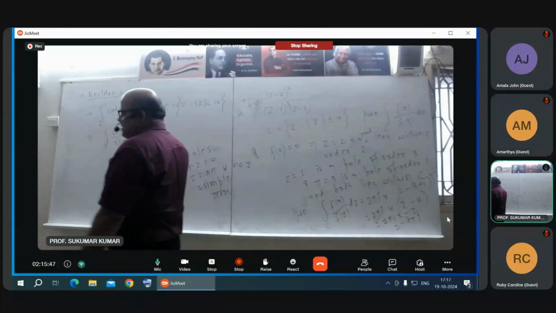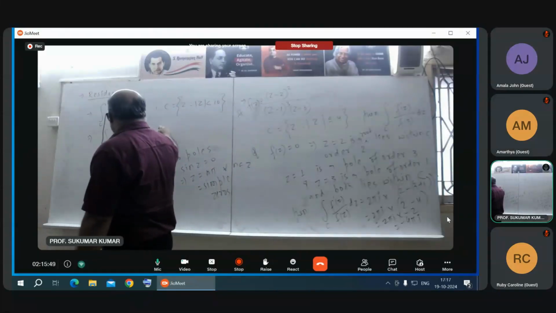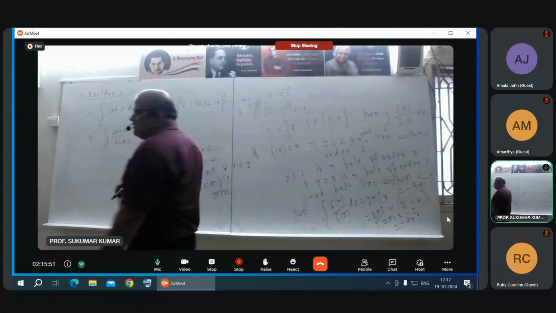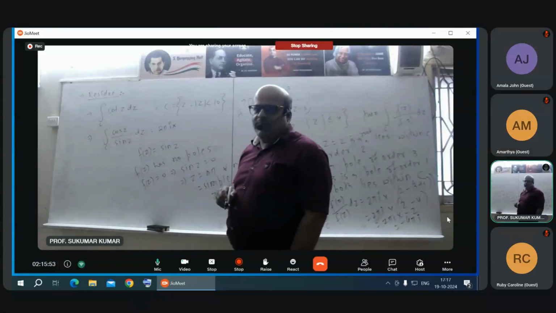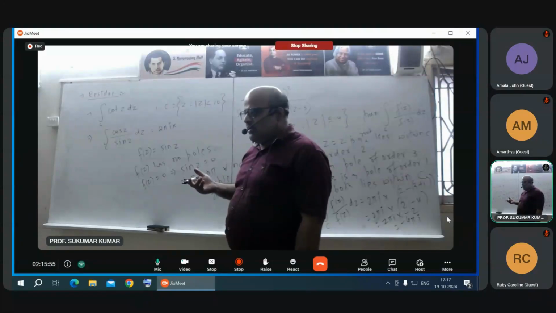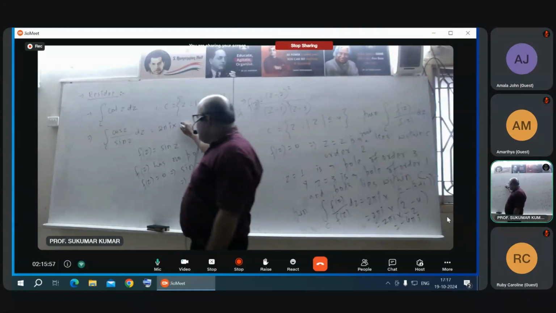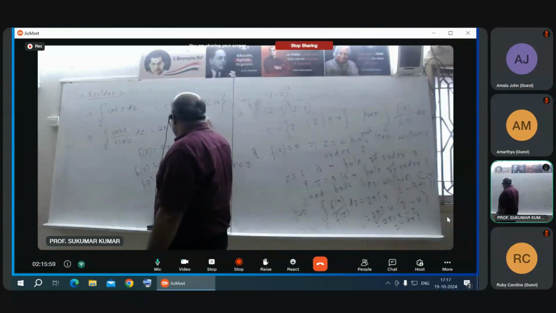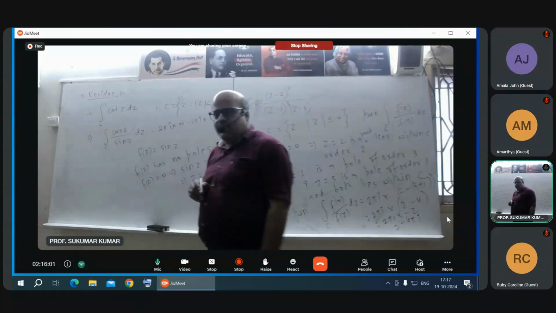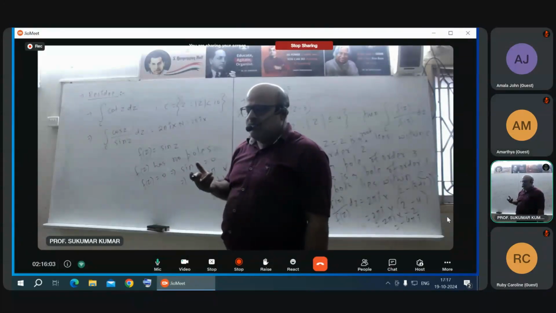So what is the integration value? 2 pi I into the sum of n minus p. Since there is no pole, it is 2 pi I into n only. So 2 pi I into the sum of zeros of f of z, whose orders are 1, 1, 1.